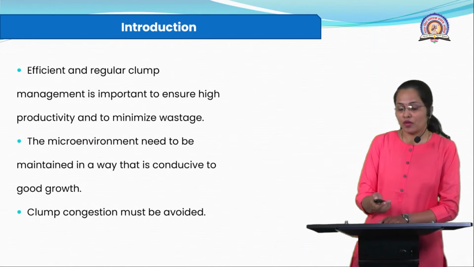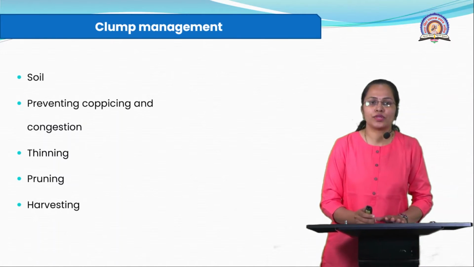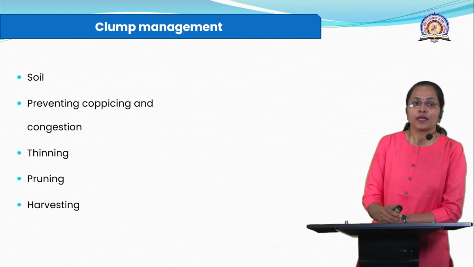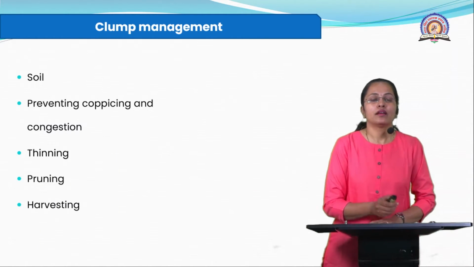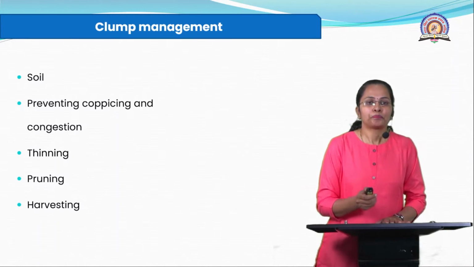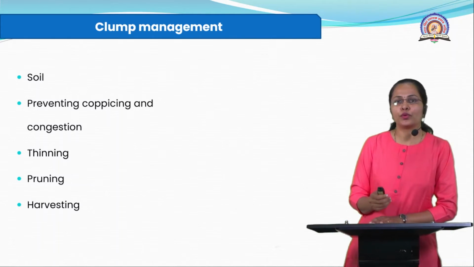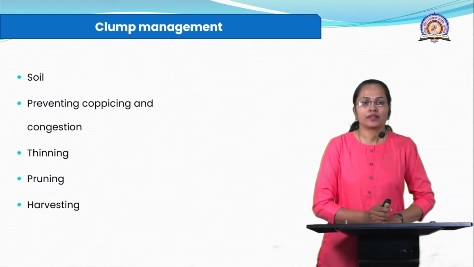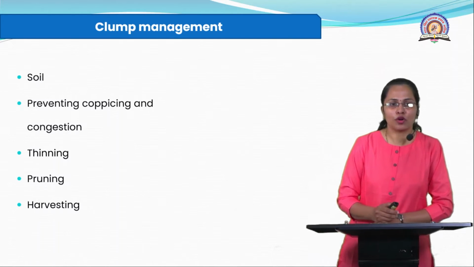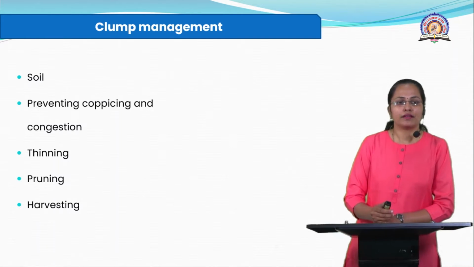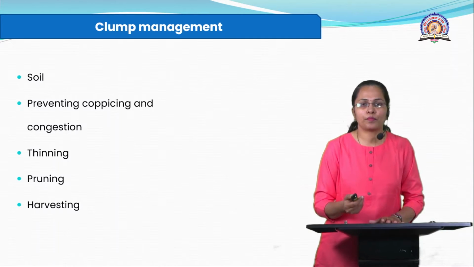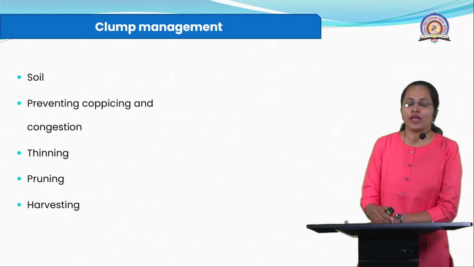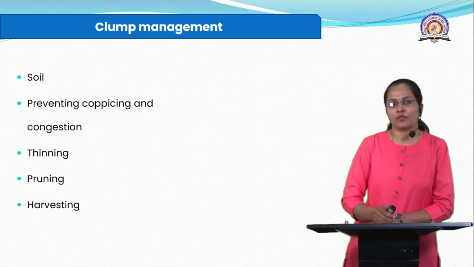So, we'll see what are the important things which are affecting the clump management of bamboo. The five important things which should be managed properly in order to get high yield and high production are soil, then preventing coppicing and congestion, then we have to properly use methods like thinning and pruning, and we have to take some precautions at the time of harvesting.